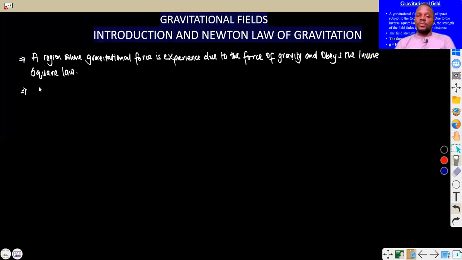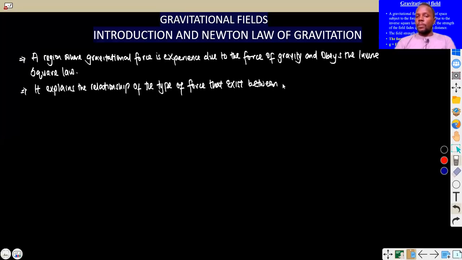We can just write that it explains the relationship of the type of force that exists between point masses separated by a distance.